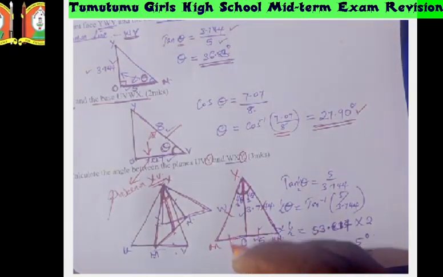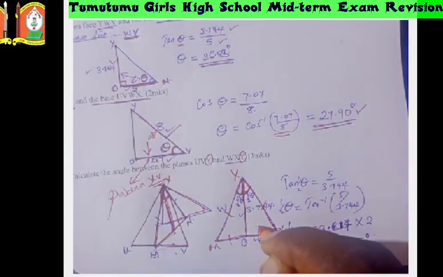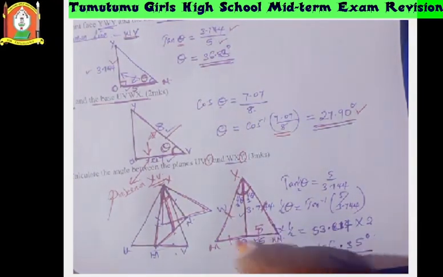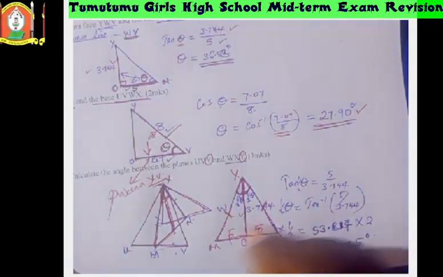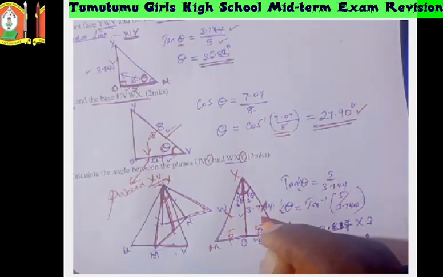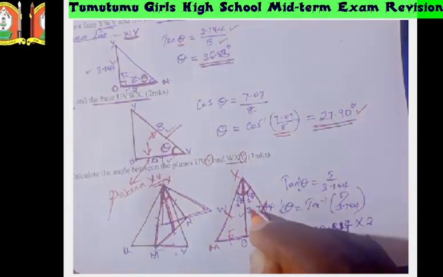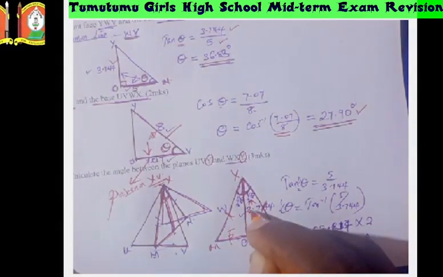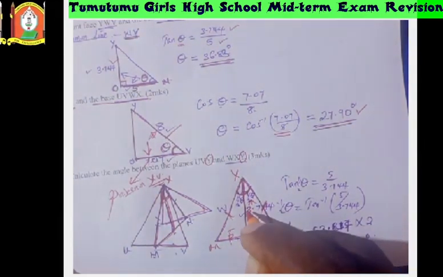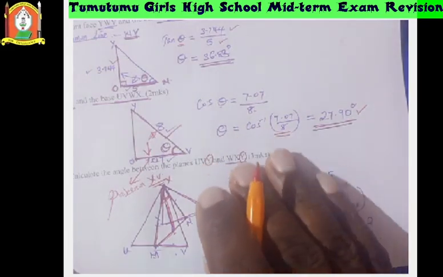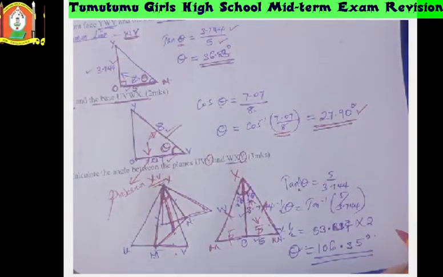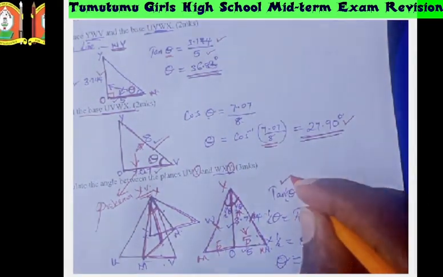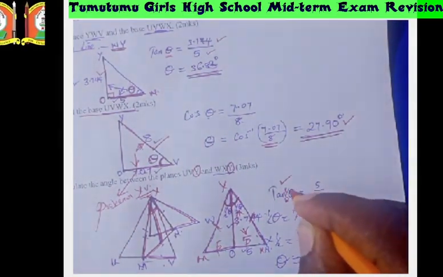It will divide the base into 2, because it is an isosceles triangle, into 5, 5. So if we focus on 5, which is opposite to half theta, and adjacent 3.744, the height of the pyramid, we can see that we have tangent of a half theta.